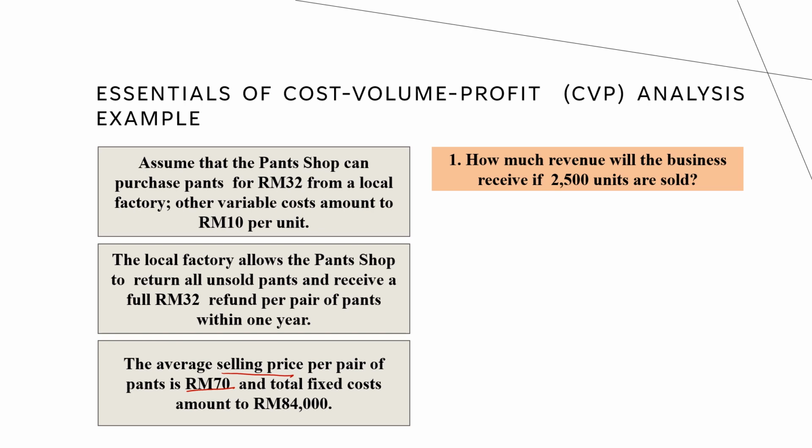So it's very simple: 2,500 units times 70. So that equals how much? 2,500 times 70, we get 175,000 ringgit Malaysia. So this is the answer.